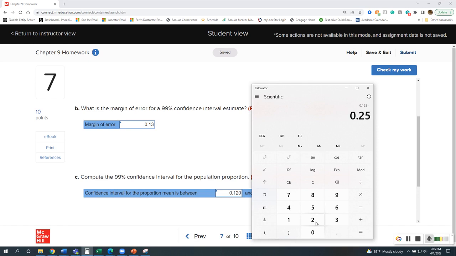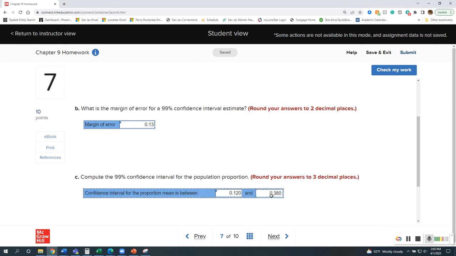Minus 0.25 or plus 0.25, 0.378. Let's see if that is it. Okay.